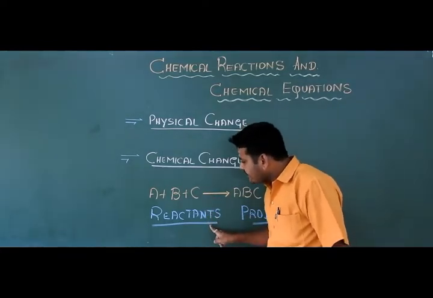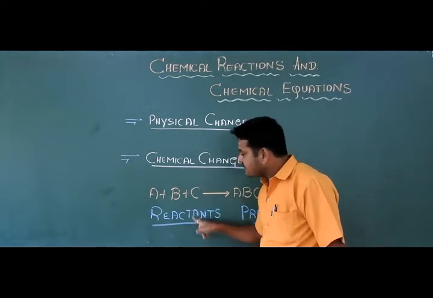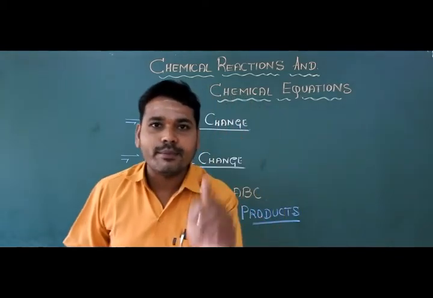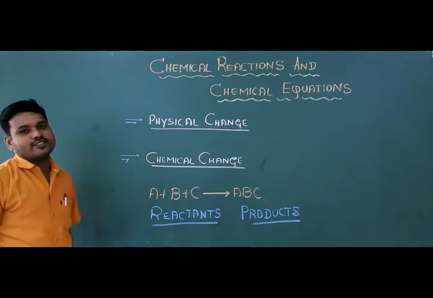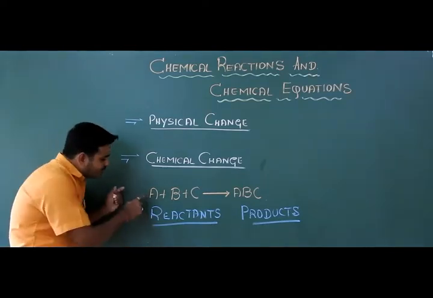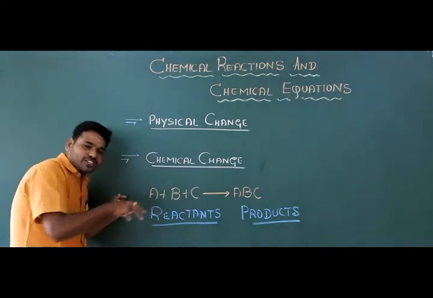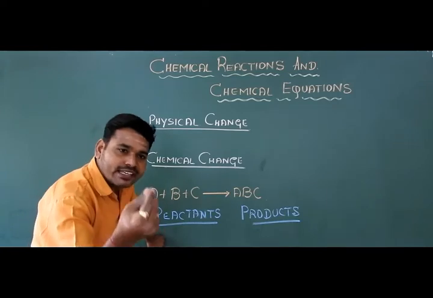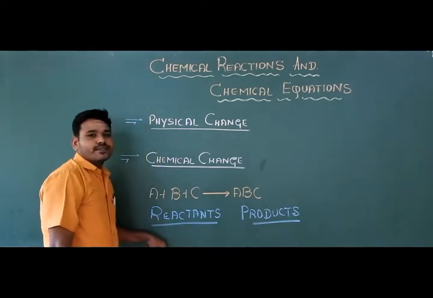So the reactants are the chemical substances present before the chemical reaction. All those substances are called reactants, students. Or the substances which are involved in the chemical reaction. The chemical substances which take part in a chemical reaction are called reactants, students.